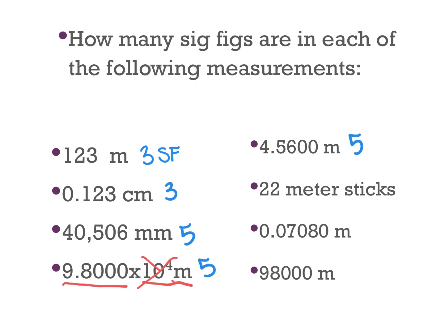Is 22 a low enough number where I could actually count 22 meter sticks? Yes. Okay. So if it's a low enough number, like where you would actually count it, we would call this one infinite. Because could I write 22.00000 and keep going? Sure. The rule of thumb for this, if it's a number low enough where you would actually count to that number, you can do it as an exact count.